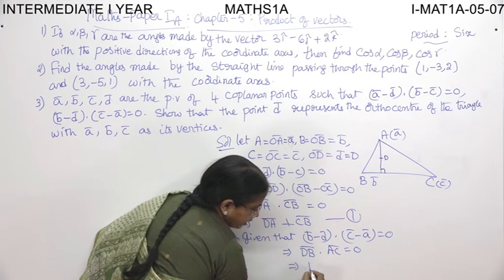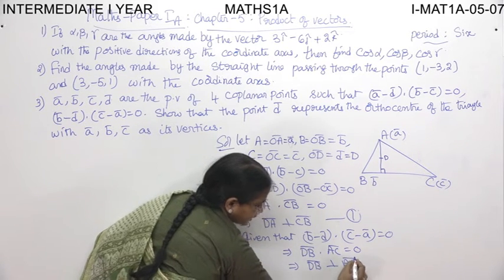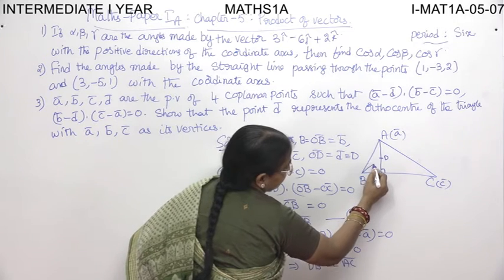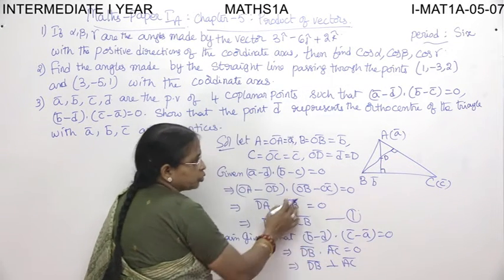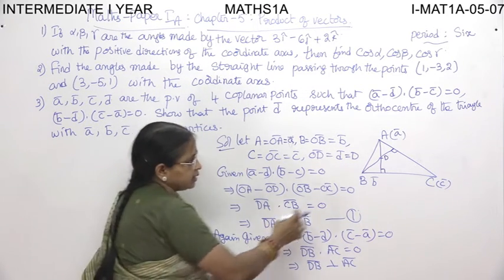That means DB is perpendicular to AC. So, for these two lines, D is the common point, and these are perpendicular.